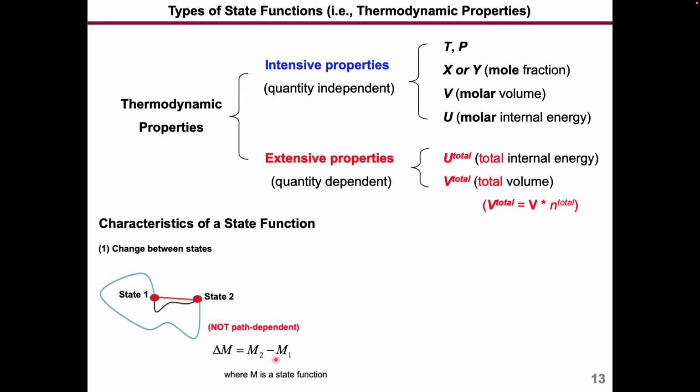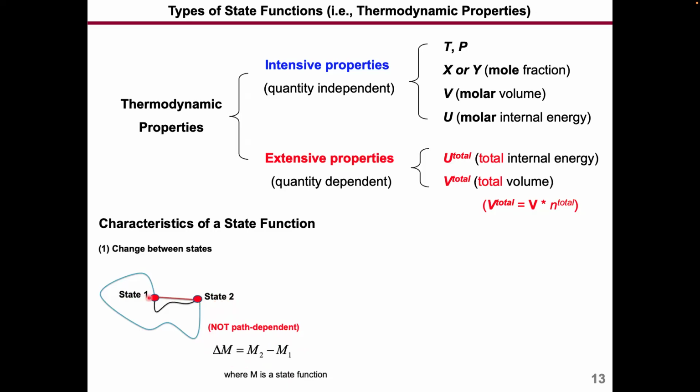So M2 minus M1, okay? This change is going to be fixed regardless of which step you choose, right? Which process you go with. You can go this way, this way, or all the way this way. But the change between these two states will always be the same, right? Delta M is equal to M2 minus M1.